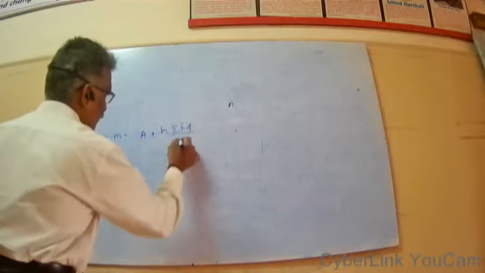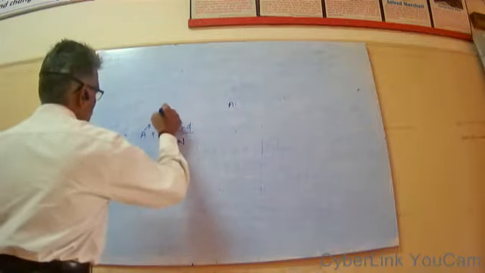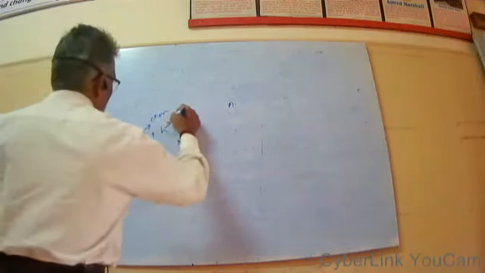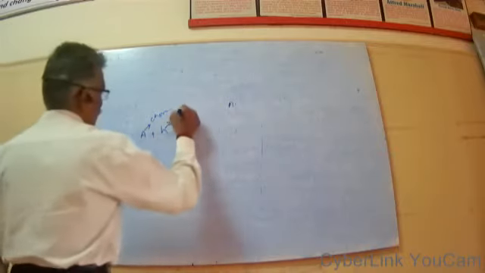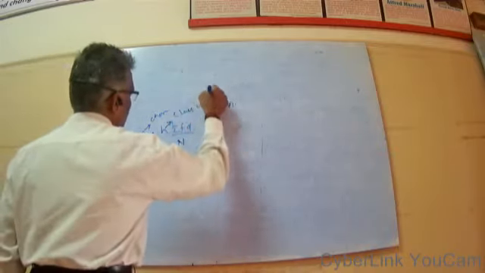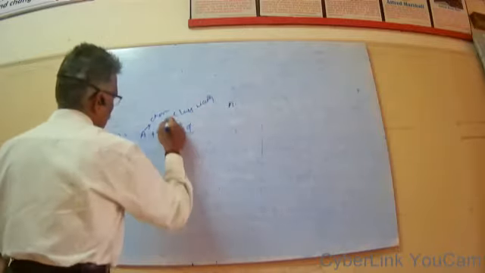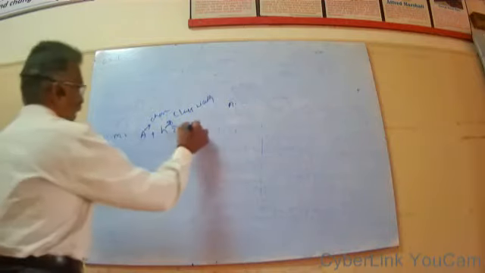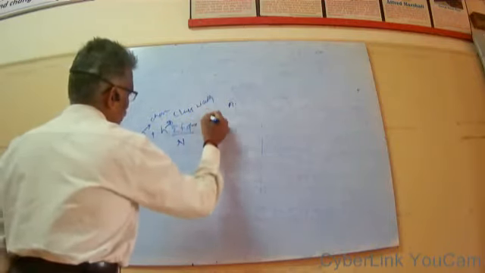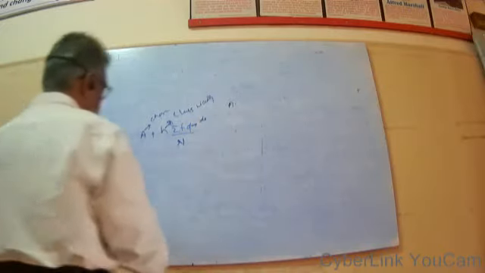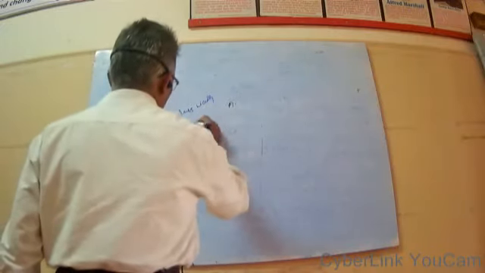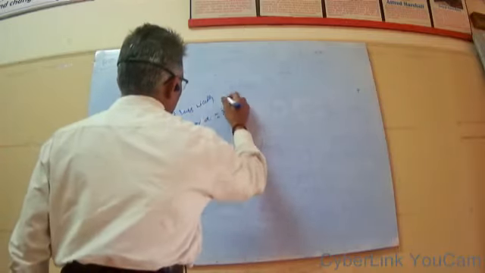Here a is the arbitrary number chosen, and h is the class width of the observations. d is the deviation, d equal to x minus a.